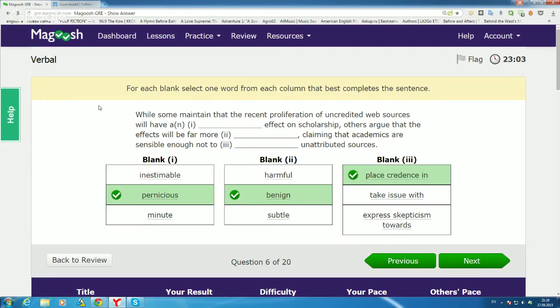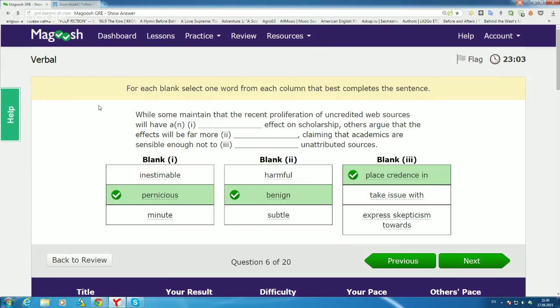Unattributed is like uncredited, John. I see. So what does unattributed mean? Don't say uncredited. Unattributed means unreliable, means I should not believe it. Good.